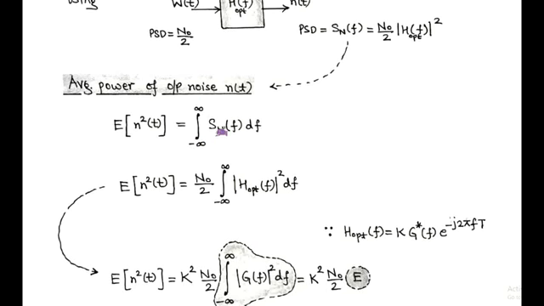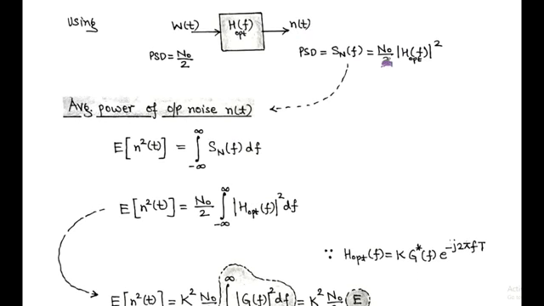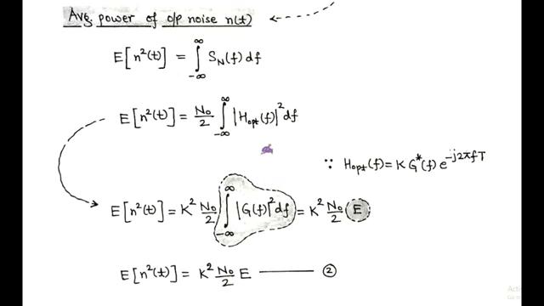Now, in place of Sn(f), that is the power spectral density of filtered noise, we can write N0 by 2 |H(f)| square, that is the optimum impulse response. And again, in place of H optimum(f), we can write k G star(f) e to the power minus j2 pi f T. And the mod square of this optimum impulse response is equal to k square |G(f)| square df.